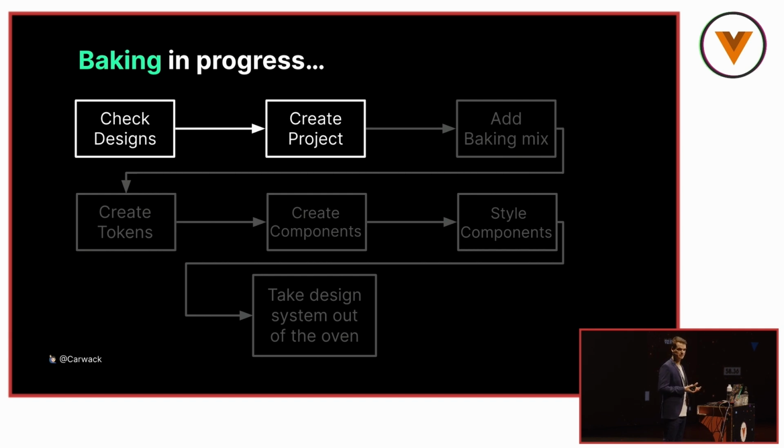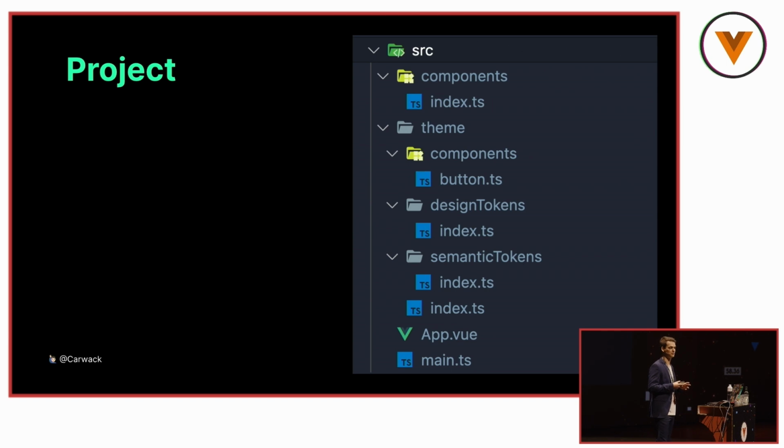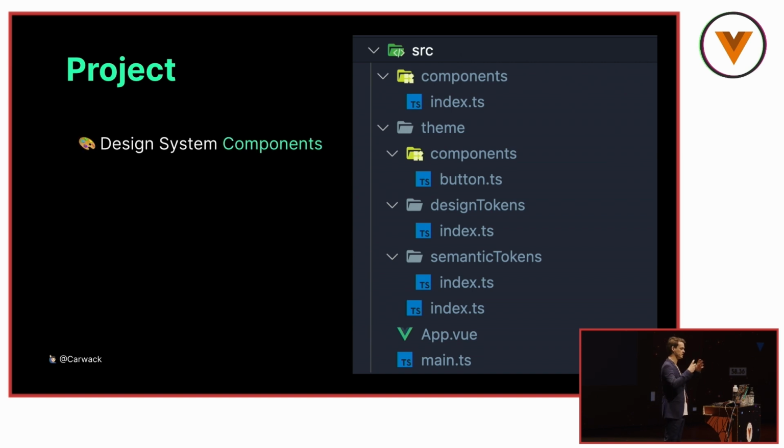Well, I already did this using Vue 3 and Vite, and after yesterday's talk, I think I can improve this. But all the action will happen in the source folder of this project. Let me go through it a little bit. The first thing that we have is a component folder, and that's for the design system components.